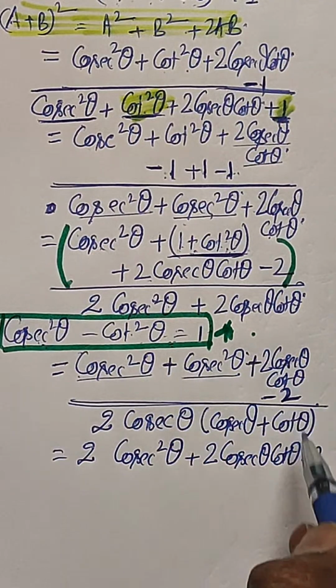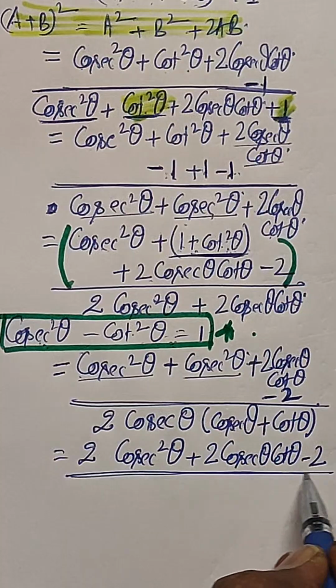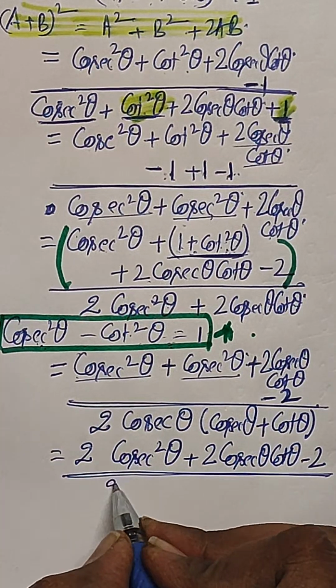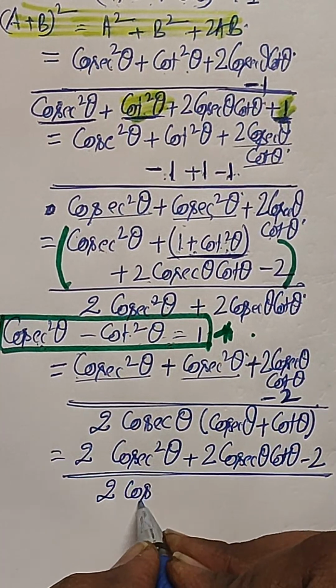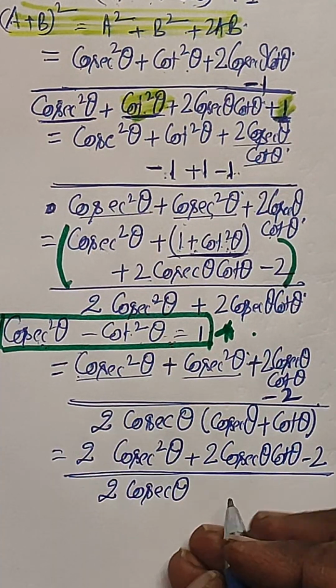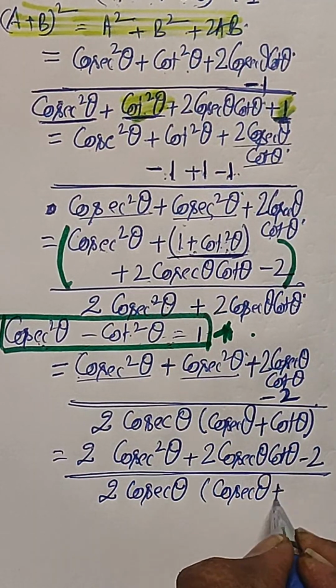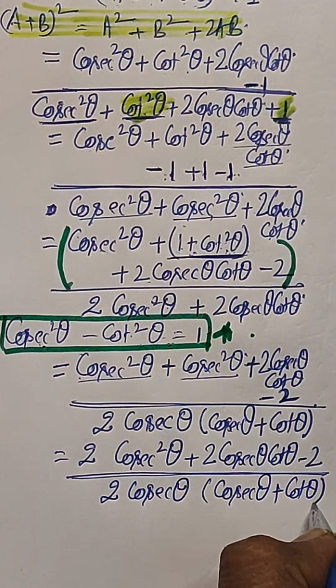All this will be the numerator, and in the denominator we have 2 cosec theta into cosec theta plus cot theta.